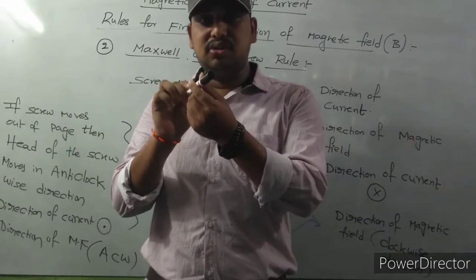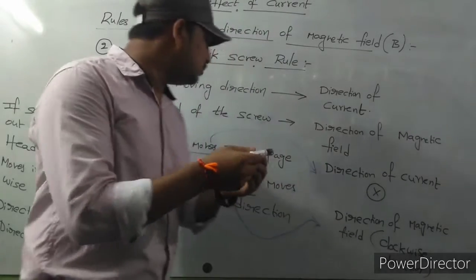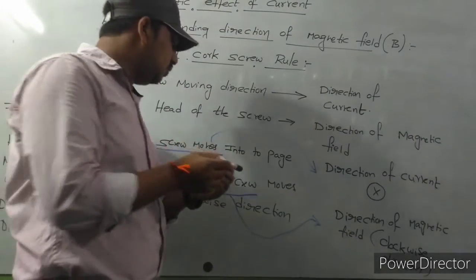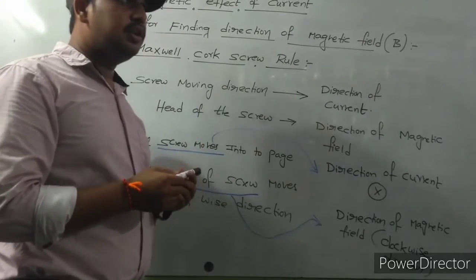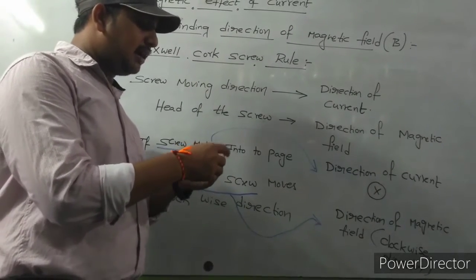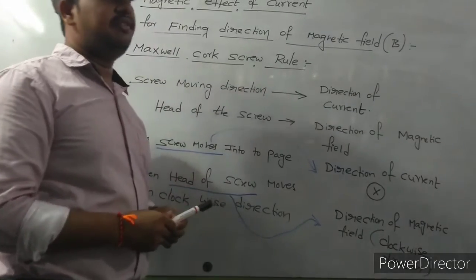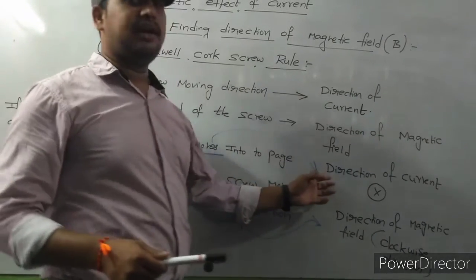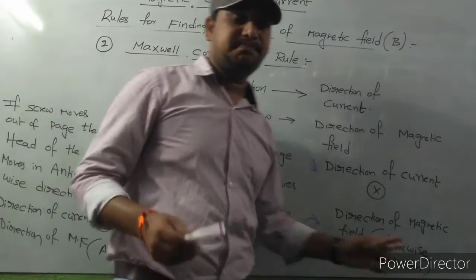The head of the screw indicates the direction of magnetic field. Here the screw is moving into the page. If you rotate the head of the screw in clockwise direction, then only it moves into the page. That means the direction of current is into the page and the direction of magnetic field is clockwise.